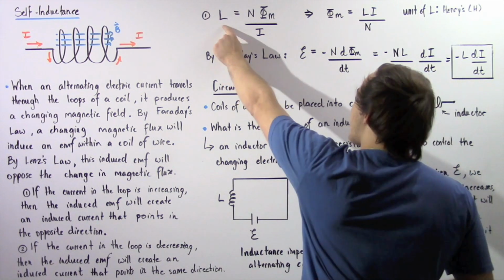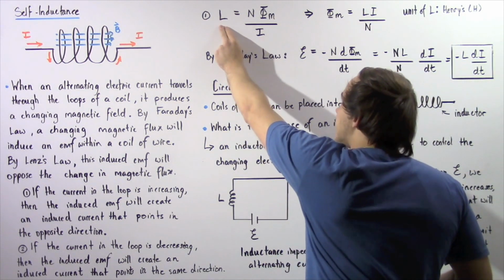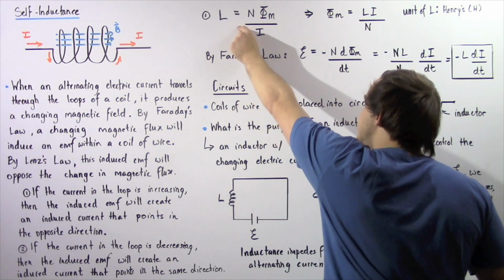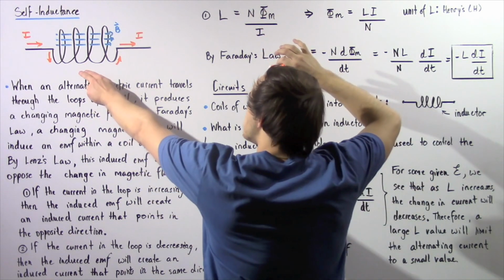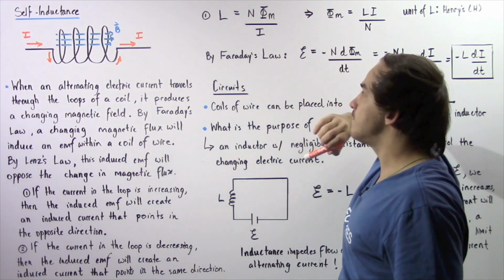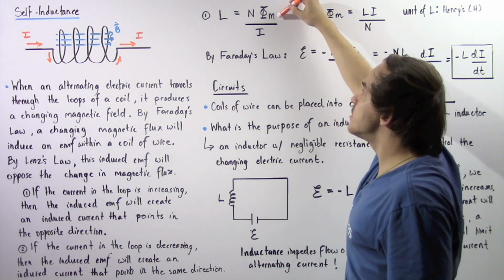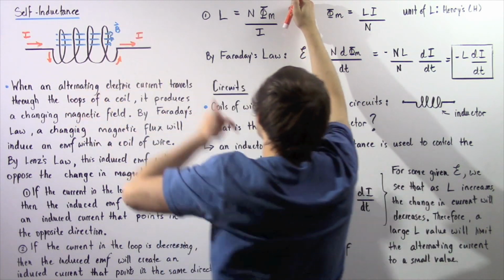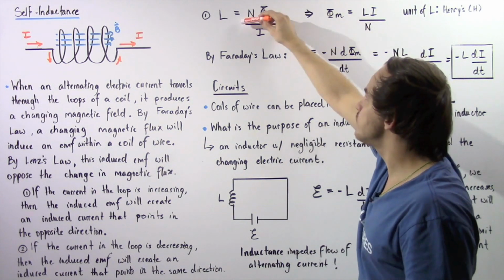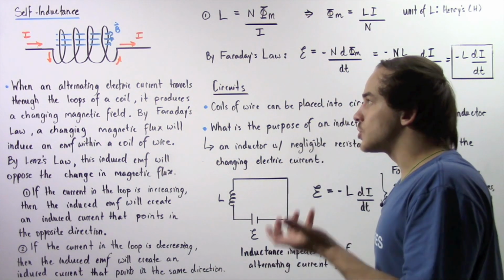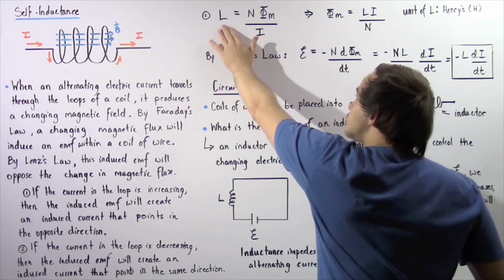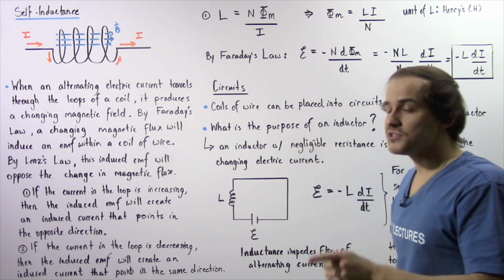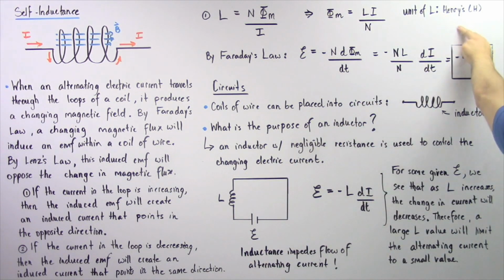Self-inductance is given by uppercase L. So our self-inductance, or simply inductance, is equal to the product of the number of loops of wire found in this particular coil, let's say that's given by N, multiplied by the magnetic flux within these loops of wire, given by phi M, divided by I, the electric current that is traveling through these wires. Now, this is known as our inductance. And inductance has units given by henries, which is given by uppercase H.